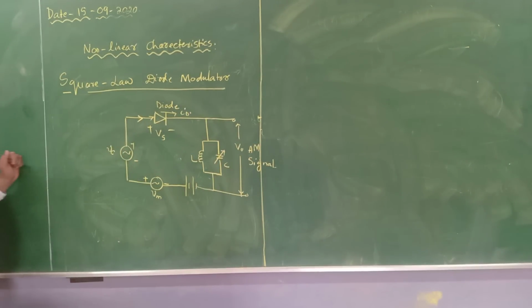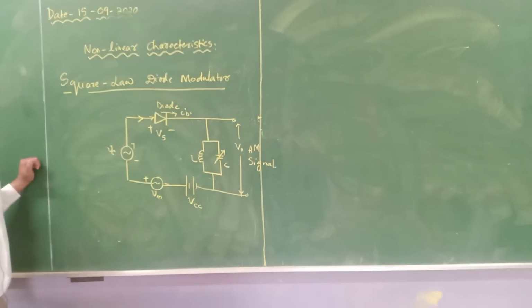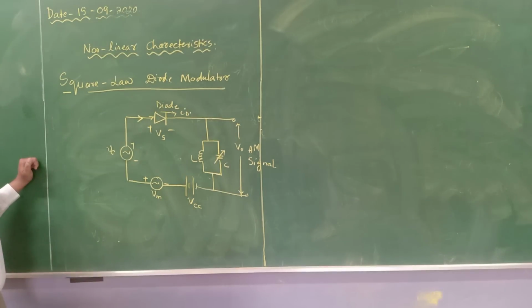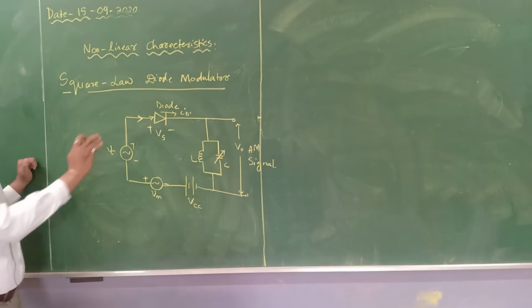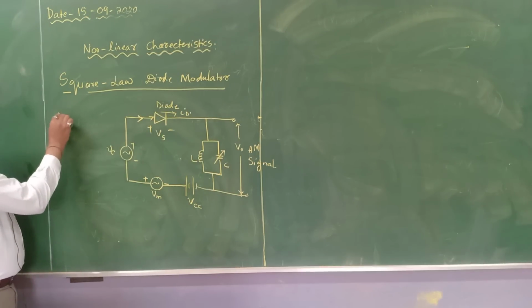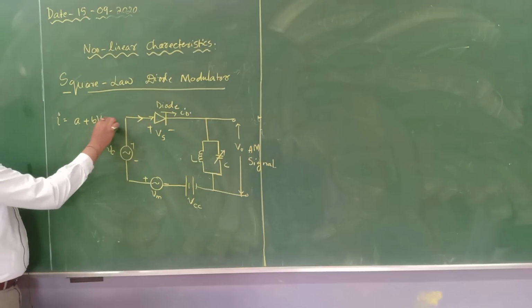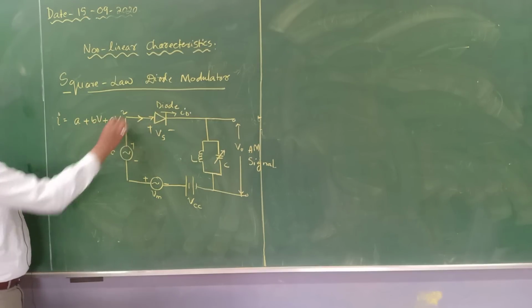So step by step we will see. And what is the use of this DC potential? It will fix the operating point while we are considering the VI characteristics of a diode. Okay. So first, the diode characteristics: I equals A plus BV plus CV square.